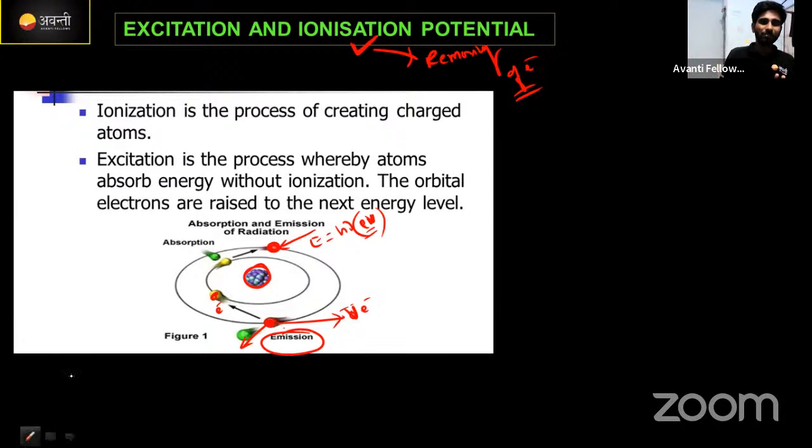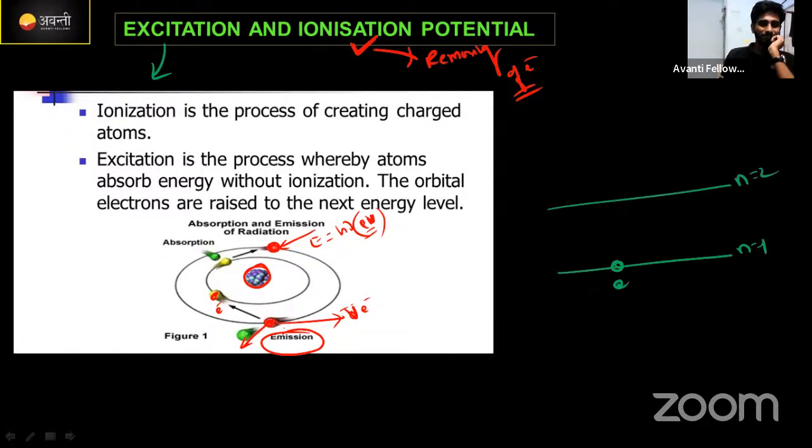Good. Second thing is excitation. What does excitation mean? Is there anybody who will tell me in the chat box what is the meaning of excitation? Excitation is simple. This is an electron in the ground state.